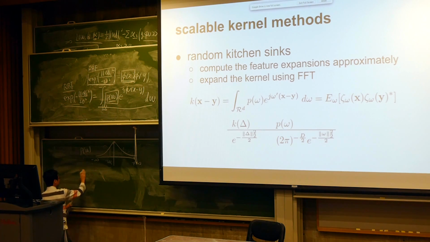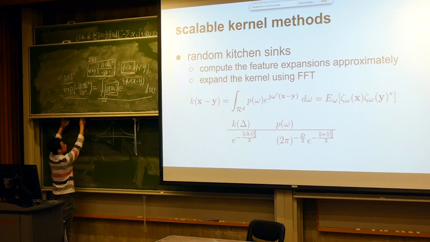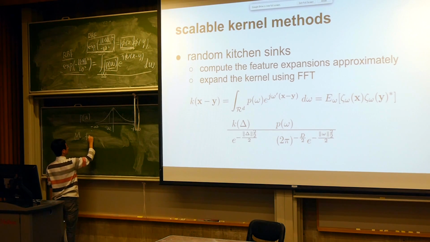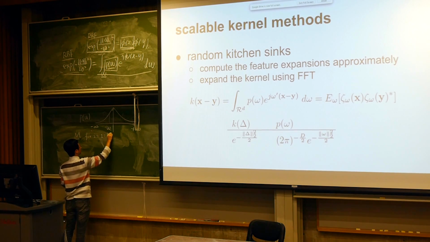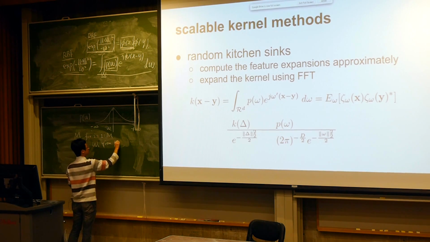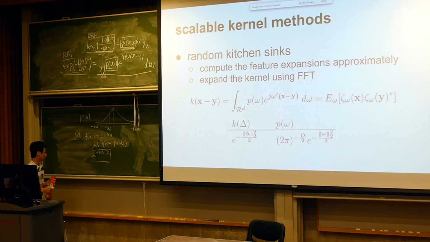So we can use m samples to approximate this RBF function. For each term, we sample Wi from this distribution. Then we compute this function.